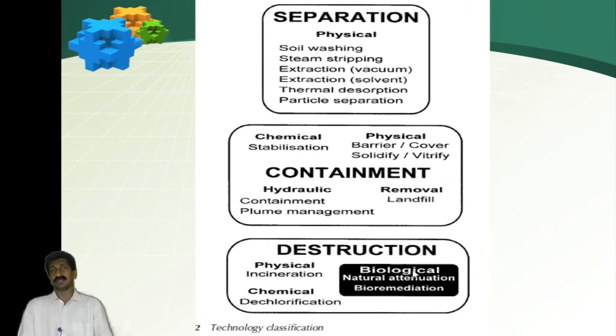And all other methods, simple separation or containment, don't completely remove the threat from the environment. But in the case of destruction, especially the biological methods of attenuation, natural removal of the toxicity and the final mineralization or bioremediation, which will subsequently lead to biomineralization, is the final target in the removal of such toxic compounds.